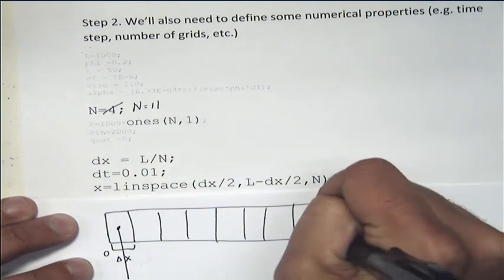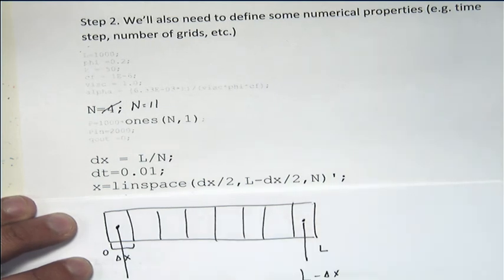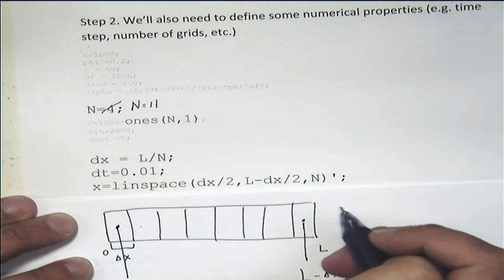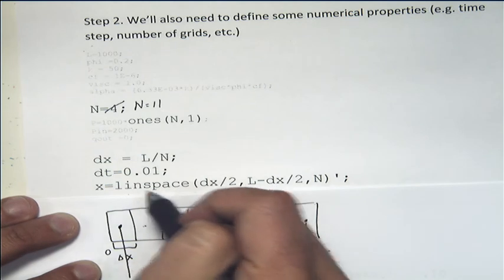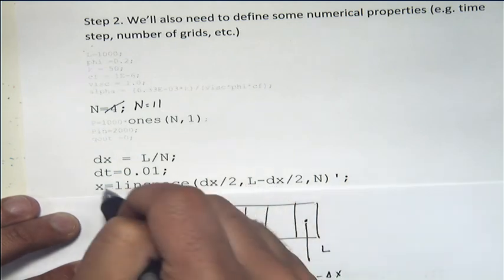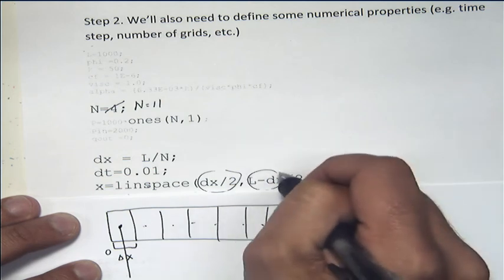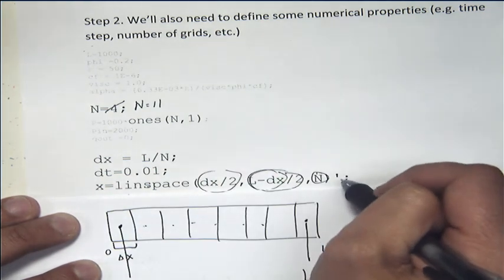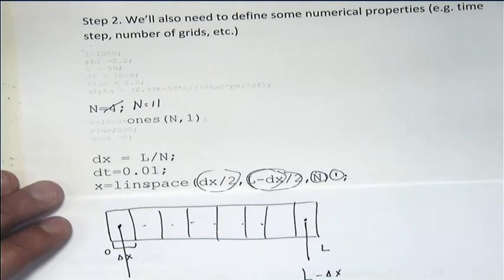The last point is L minus delta X over 2. And there are a total of N points. So I use a linspace command. You might have been able to use colon notation, but X is equal to linspace delta X over 2 to L minus dx over 2, with N number of points. I wanted it to be a column vector, so I transposed it. So that's what I did there.